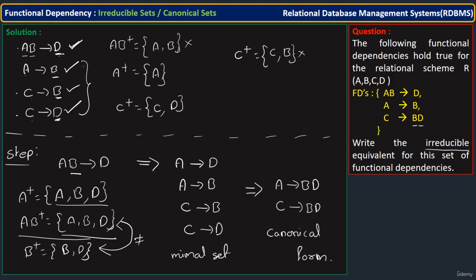No, both of them are not the same. But in the earlier case, both of them are the same. That is what you have to understand. So find the closure of every individual attribute, and every subset also. Whichever subset's closure is equal to the total LHS closure, you can replace the LHS with that subset. That is what was done. Now this is the minimal form finally, and you can write it like this. So this is the canonical form. Okay.